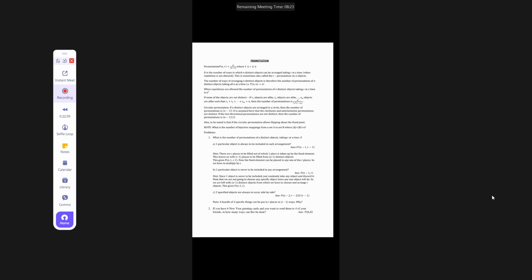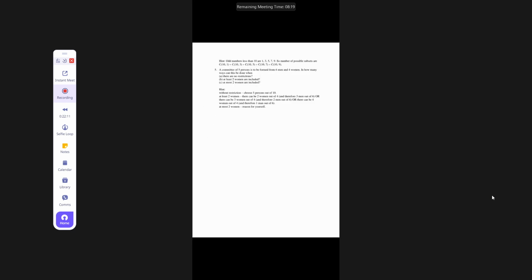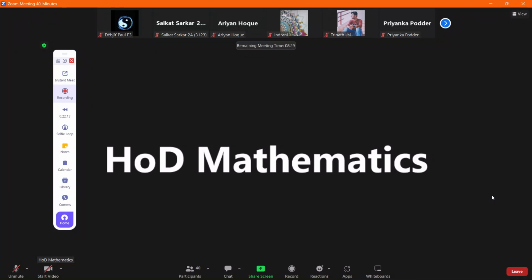Obviously there is no repetition here, I cannot repeat a person. So that is normal permutation combination where repetition is not allowed. However, in generalized permutation combination, repetition is allowed.